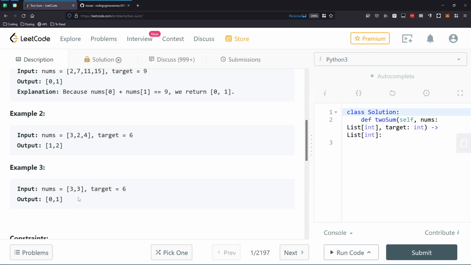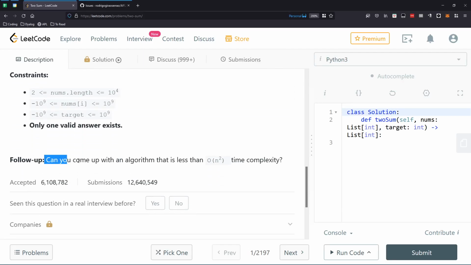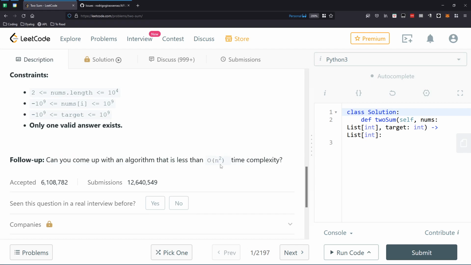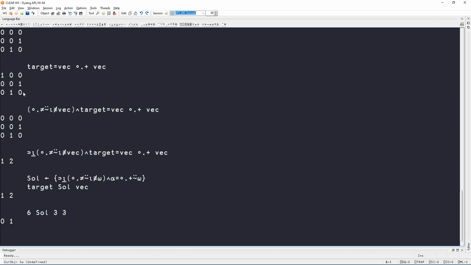And now there's the follow-up question here, which is, can you come up with an algorithm that is less than n squared in time complexity? So this is n squared because we are literally computing a square of results, essentially checking every single combination.